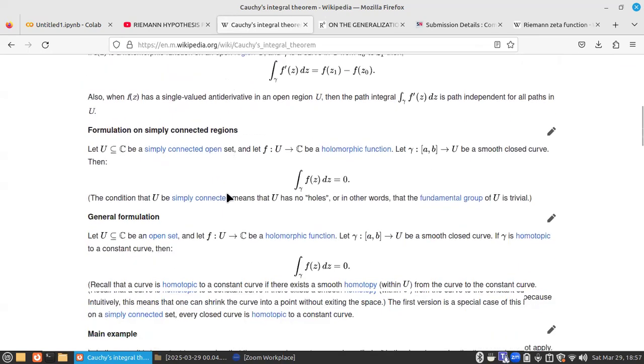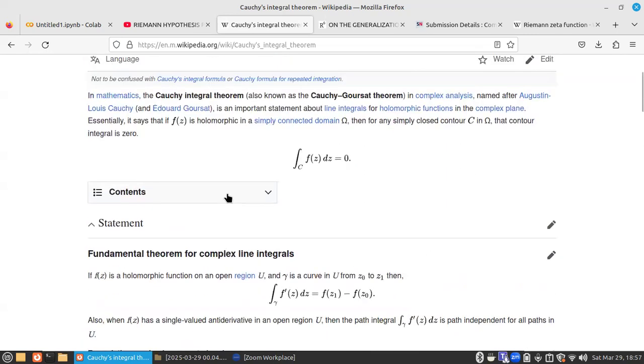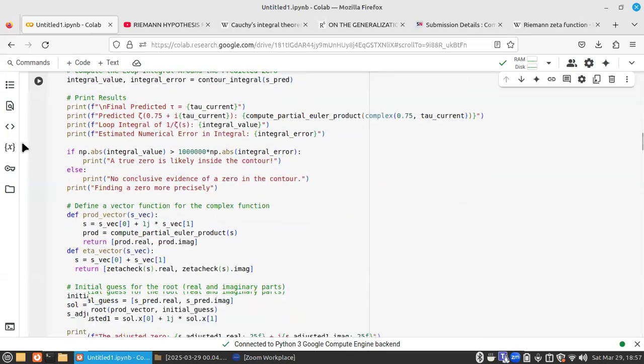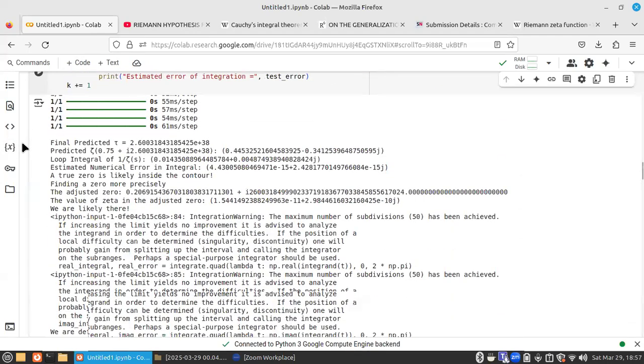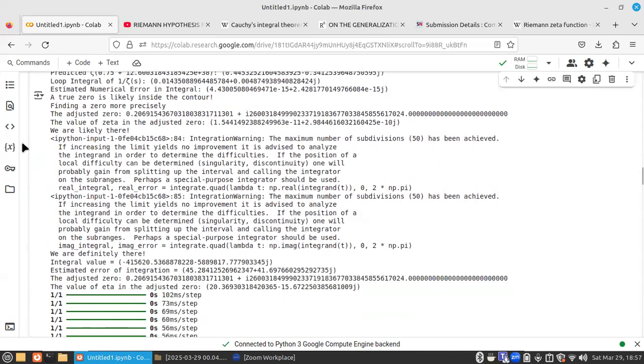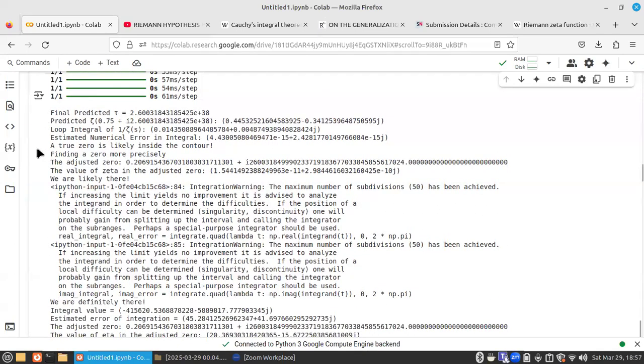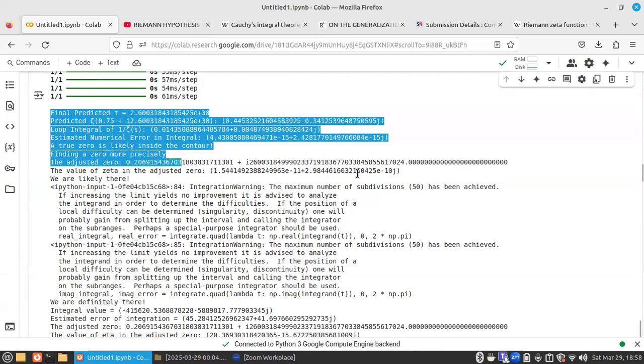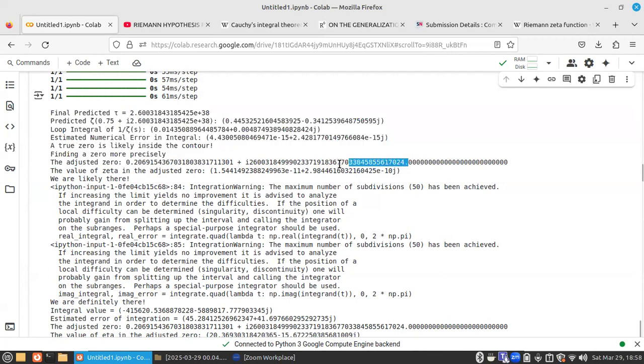So we shall use this to pick our candidate. And guess what? It allows us to find a nice candidate, which is right here.